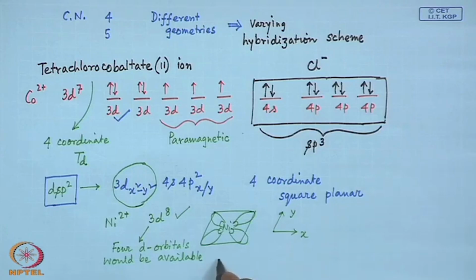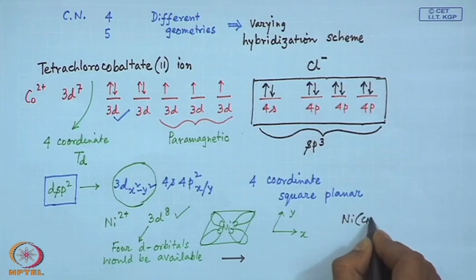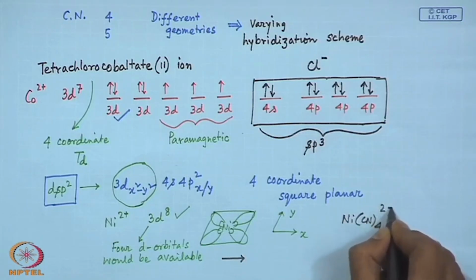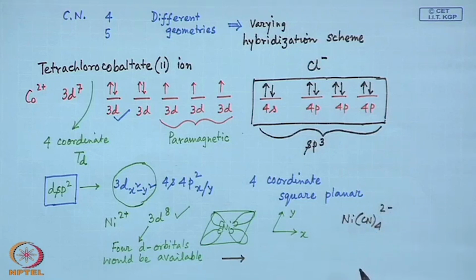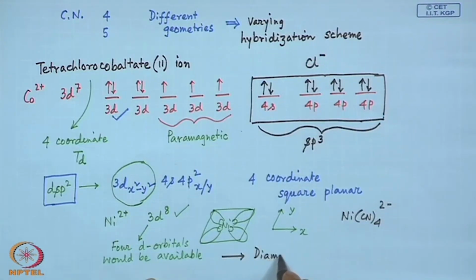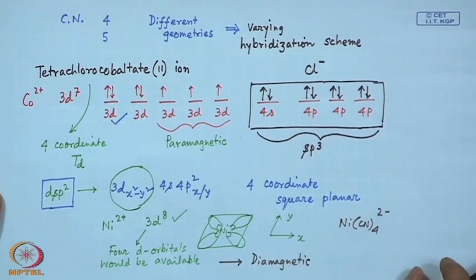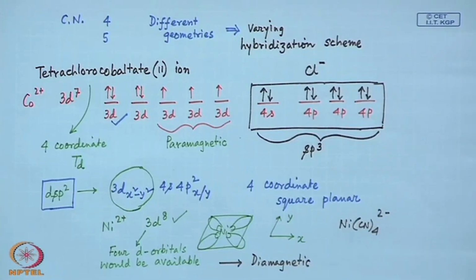So that immediately tells us that the compound which is Ni(CN)4 2-, which is a tetracyanonickelate species, very easily formed by the addition of cyanide ion to any nickel solution, will therefore be diamagnetic.